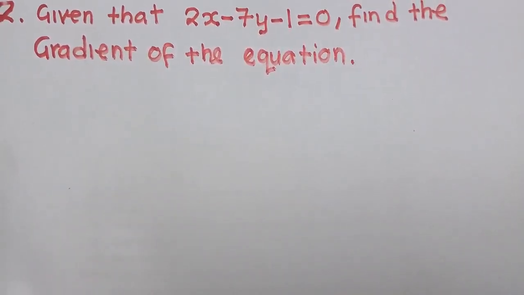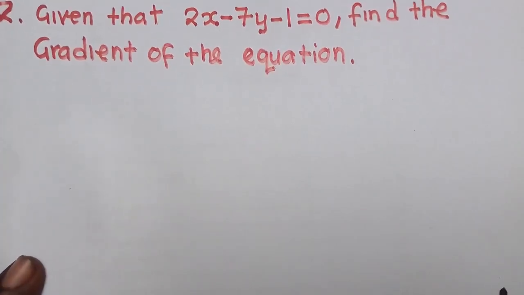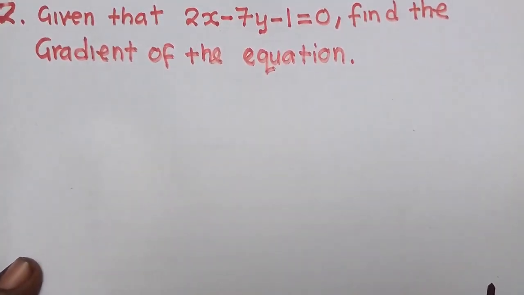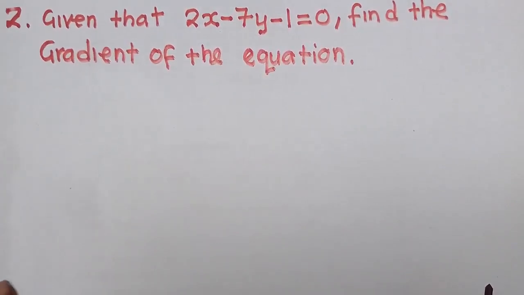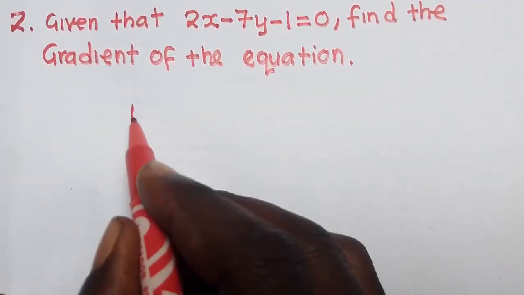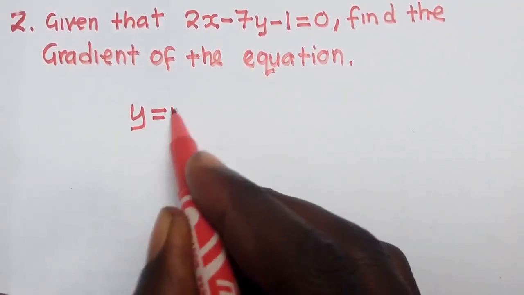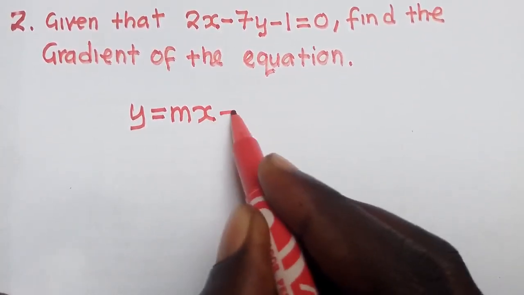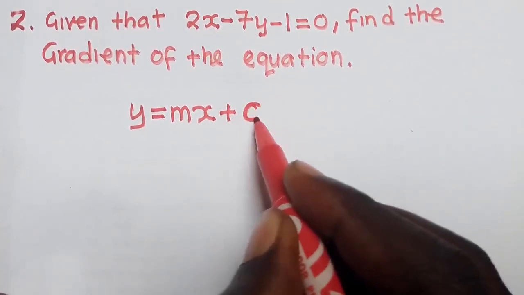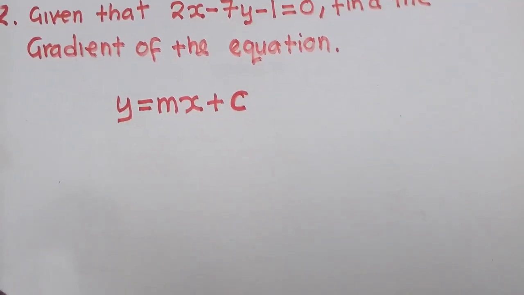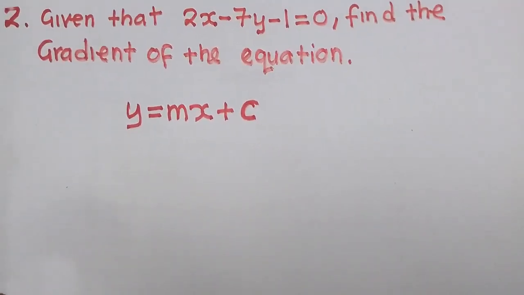This is very simple. Whenever you see such a question in an exam, the first thing you need to do is to write the equation: y is equal to mx plus c. This is the equation that you need to remember in an exam.